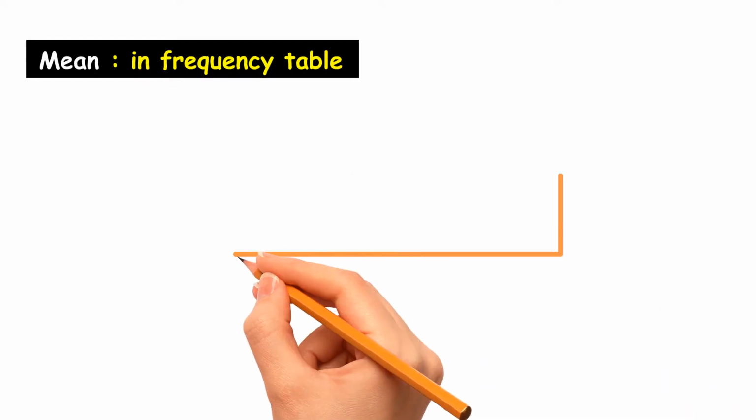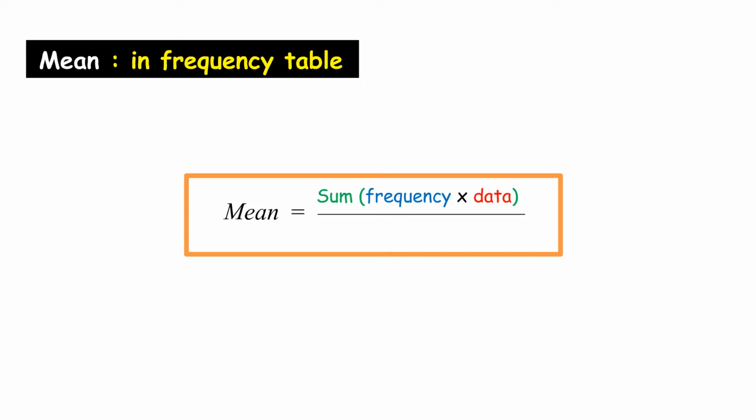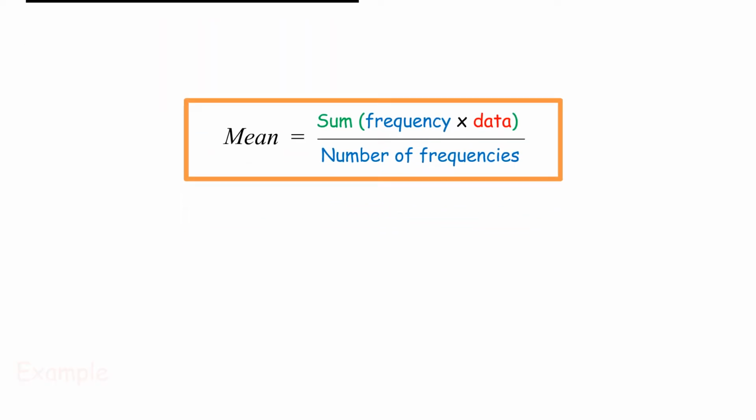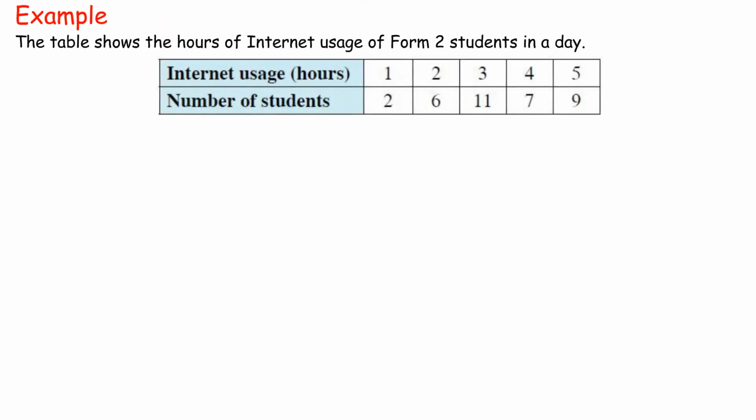Mean for the data in the frequency table can be calculated by finding the sum of the data multiplied by the corresponding frequency, divided by the number of frequencies. Example: the table shows the hours of internet usage of Form 2 students in a day. Calculate the mean for the frequency table.